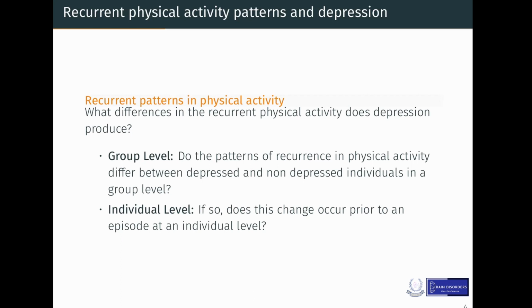The question at the group level is whether these patterns of recurrences that I see in the physical activity differ between depressed and non-depressed individuals. So if I take an overall recurrence plot of many depressed individuals and compare this with a group of individuals who do not suffer from depression, is it possible that the recurrence plots show different characteristics in the depressed group and the non-depressed group?